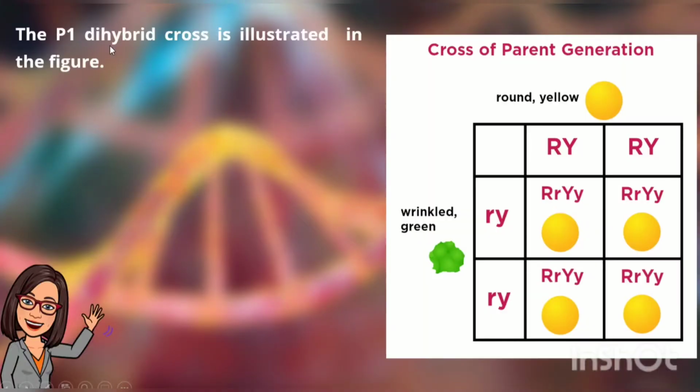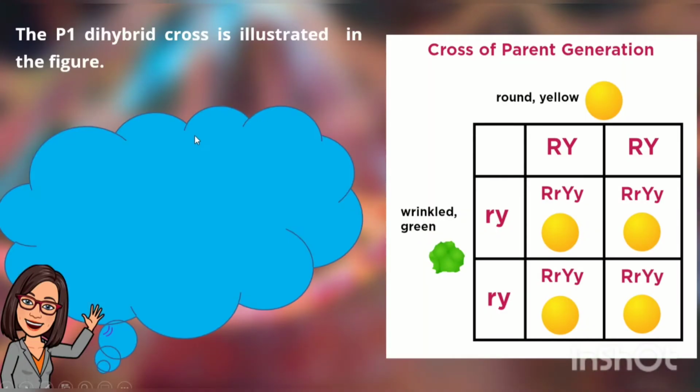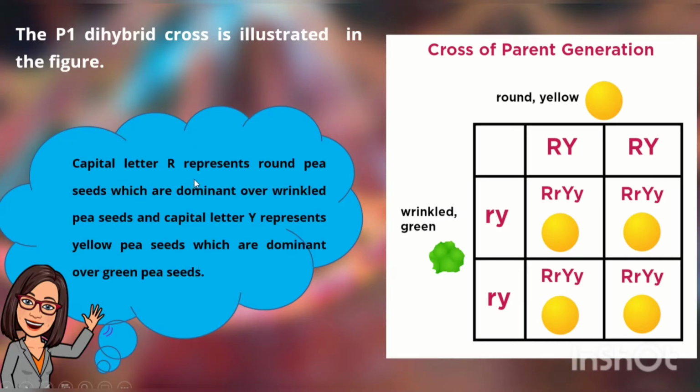Alright, the P1 dihybrid cross is illustrated in the figure. Capital letter R represents round pea seeds which are dominant over wrinkled pea seeds, and capital letter Y represents yellow pea seeds which are dominant over green pea seeds.